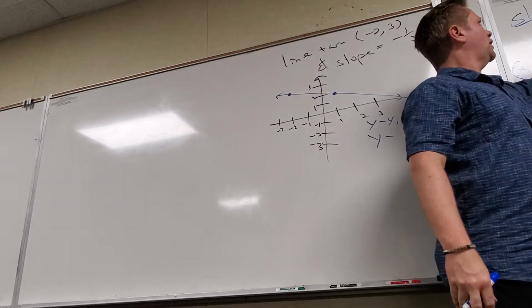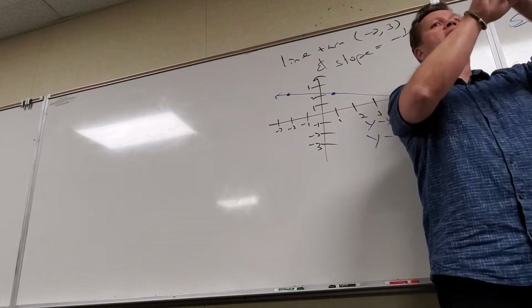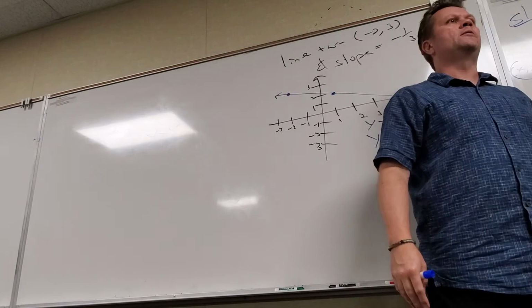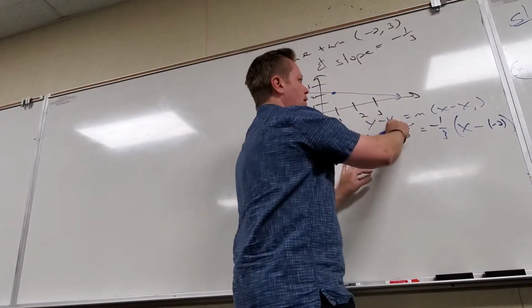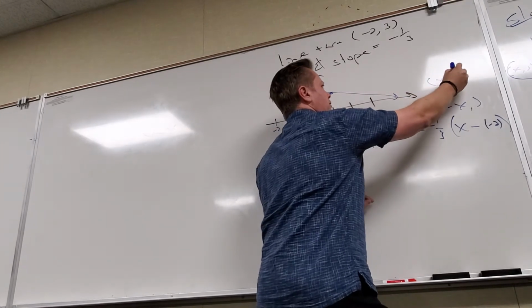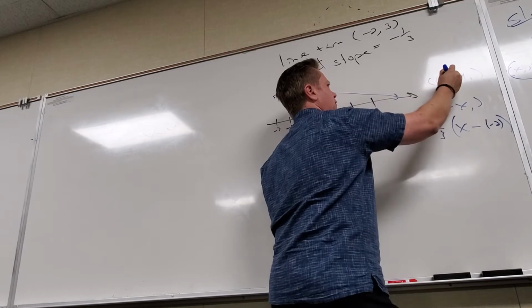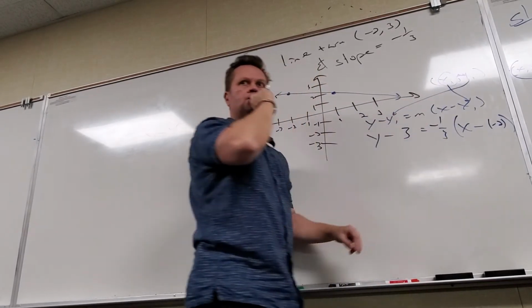And now I just changed it a little bit by saying it doesn't matter what other point I pick. It could be any point on the line. So we're going to make it a general x and a general y. So look, just by multiplying, it doesn't change anything. If I have any point, I put the x piece of the point here and the y piece there. If I have the slope, I put it there.